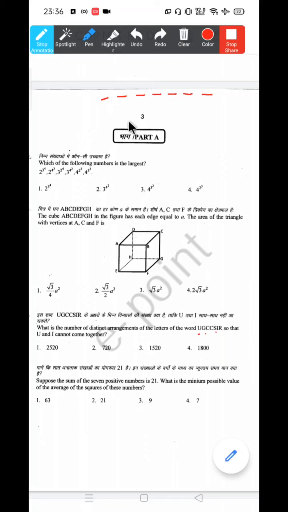Suppose I have my first position. Or else we can say there will always exist a letter in between them. That will also work.